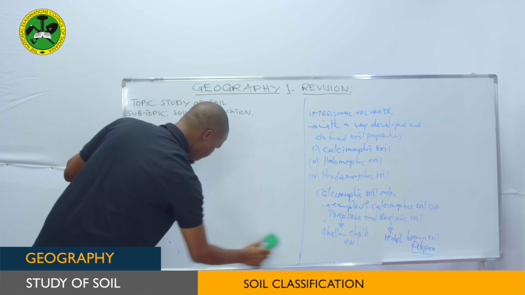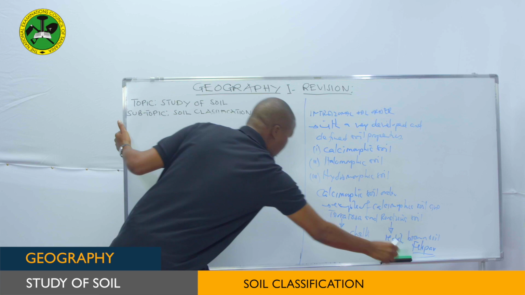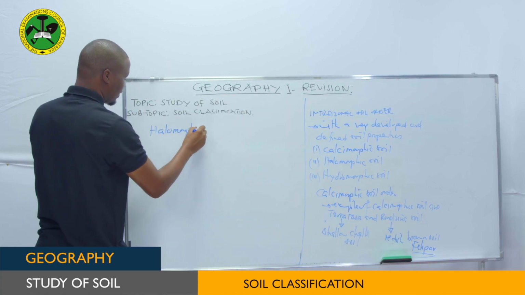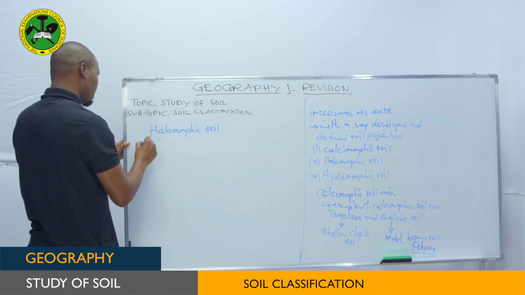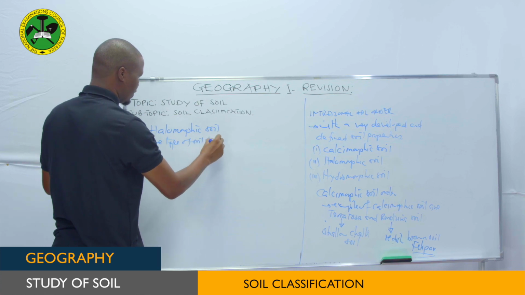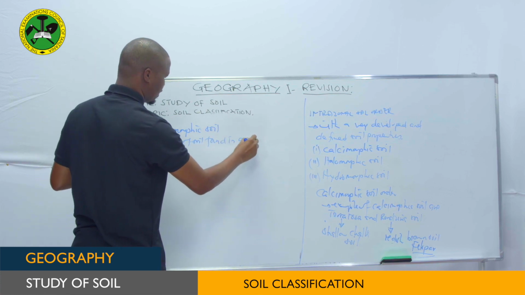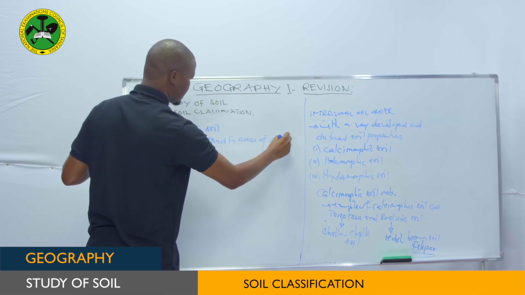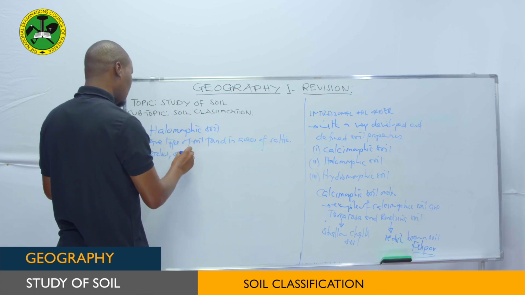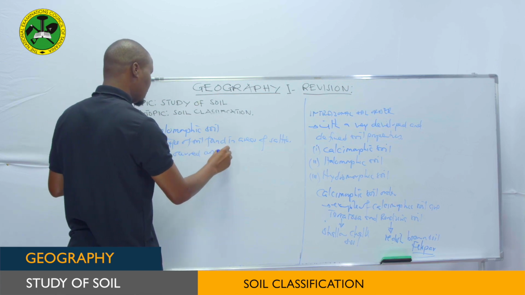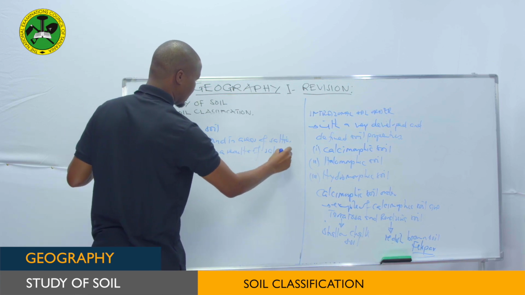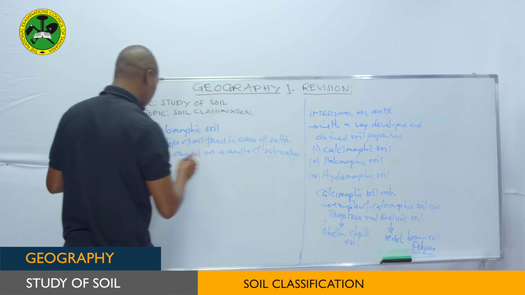What is halomorphic soil? Halomorphic soil is a type of soil found in areas of salty rocks, occurring as a result of the salinization process.